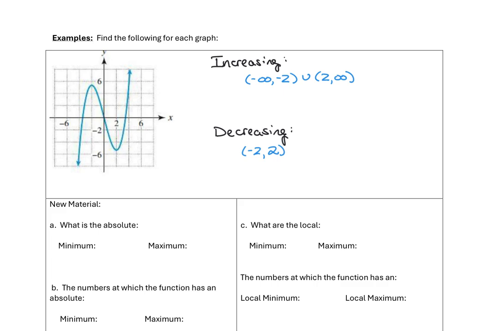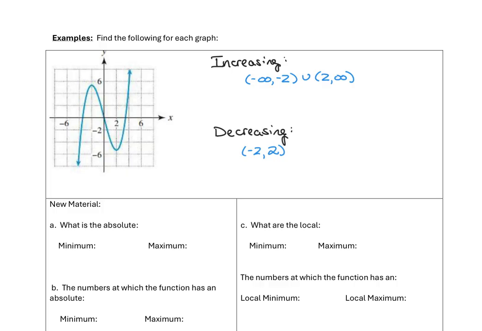All right, so let's go ahead and revisit our examples that we looked at in the previous video. The first one we have is a graph that looks like this. And so the first thing we did last time is we did talk about increasing and decreasing.